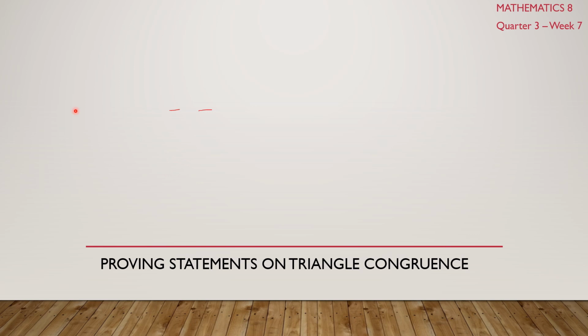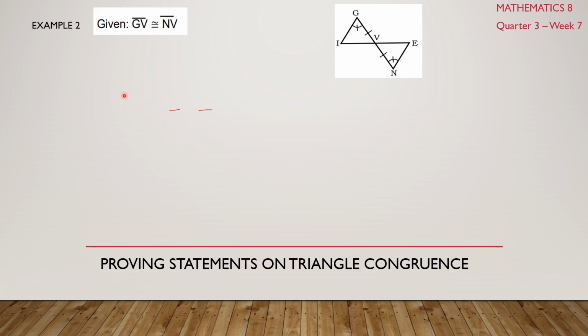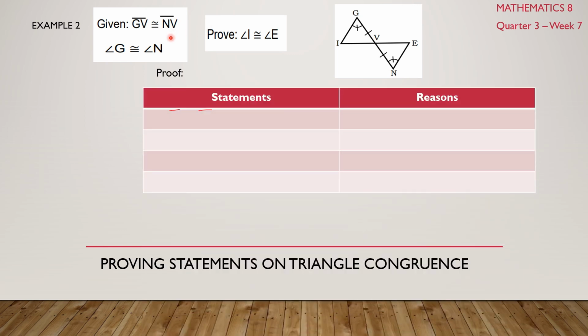Okay, let's proceed to example number 2. So, this is the given figure. The given statements are side GB is congruent to side NV, and angle G is congruent to angle N. And we need to prove that angle I is congruent to angle E. So again, we will use the two-column proving, statements and reasons.